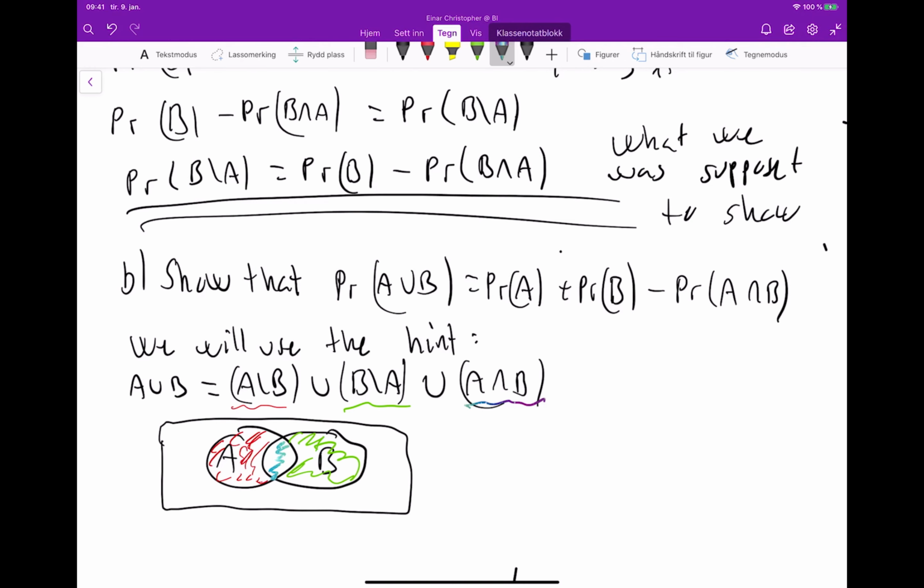And this is the part in the middle. So what we see is that A minus B, B minus A and A and B are three disjoint events. They have nothing in common. And together they are A union B.